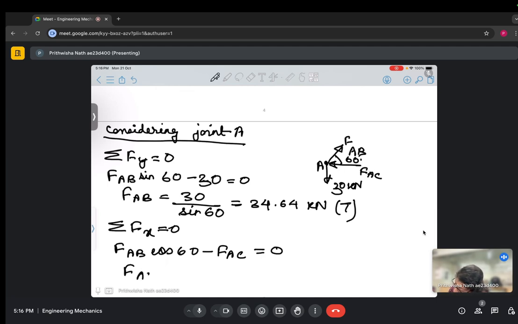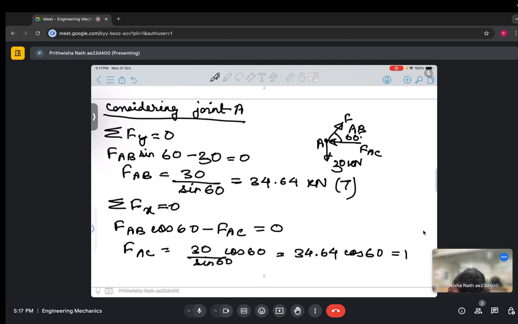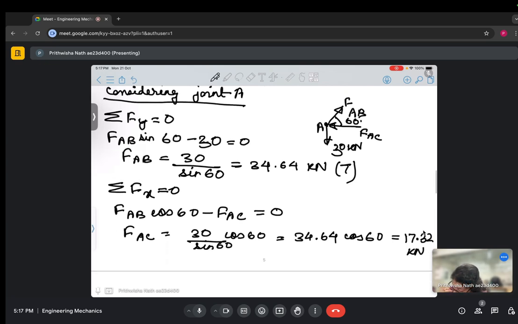Therefore FAC equals FAB into cos 60, that is equal to 34.64 into cos 60, that is 17.32 kilonewton, and we can see from the diagram it's in the negative direction, that is it's under compression.